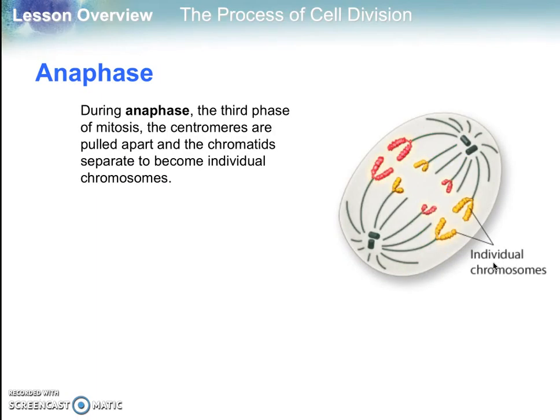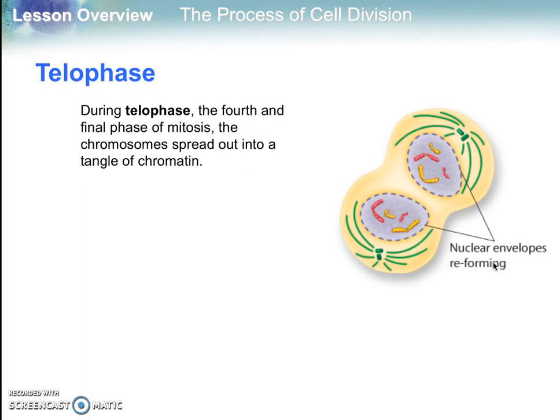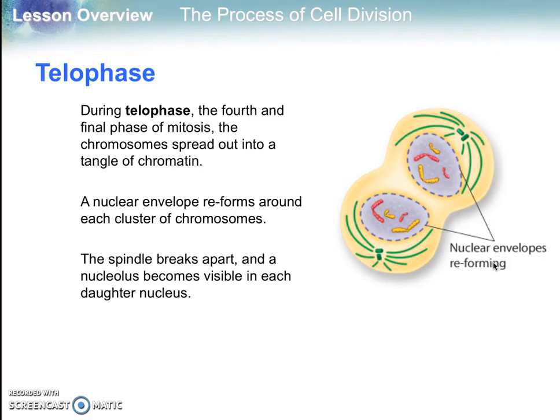During anaphase, you can think A, apart. The third phase of mitosis, the centromeres are pulled apart and the chromatids separate to become individual chromosomes. During telophase, the fourth and final phase of mitosis, the chromosomes spread out into a tangle of chromatin, and the nuclear envelope reforms.